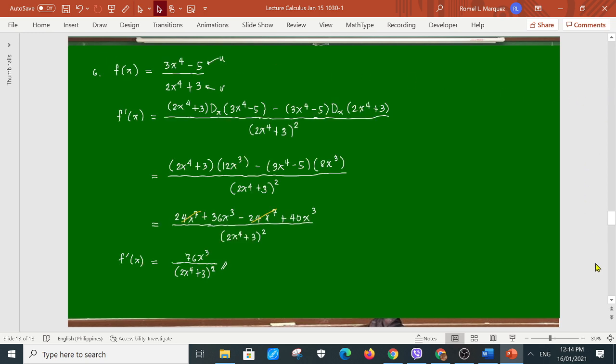What about number 7? Let's say I have y is equal to 3 times 5 minus 3x squared plus x to the fifth quantity to the fourth.